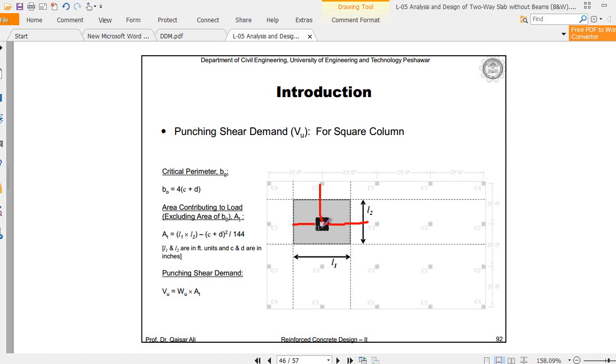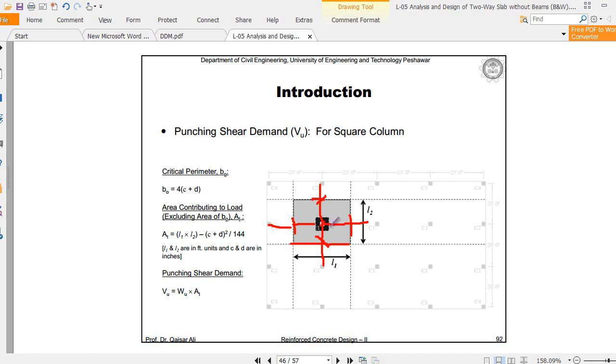This length is L1 by 2, and this is L1 from the center of this column to the center of the next column. This is also L1 by 2. Similarly, in this direction, this length from the center of the column is L2 by 2, and this other length is also L2 by 2. So you add L2 by 2 plus L2 by 2 and you get L2.